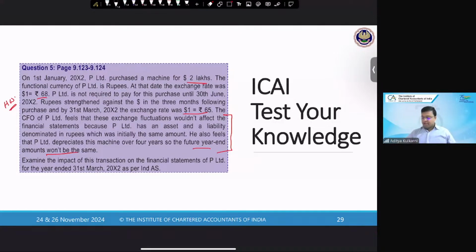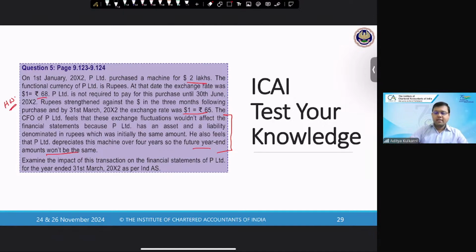So, in the previous session, we started off with this standard Ind AS 21 that deals with the effect of changes in foreign exchange rates. We have a corresponding standard in your ICAP regime also, that is AS 11. So quite a number of principles are borrowed from AS 11.